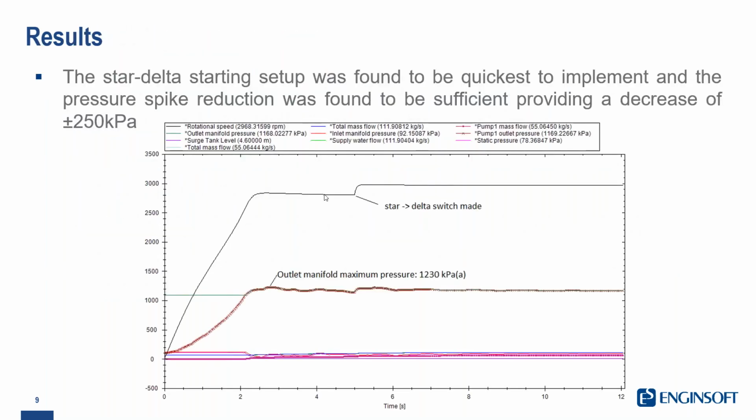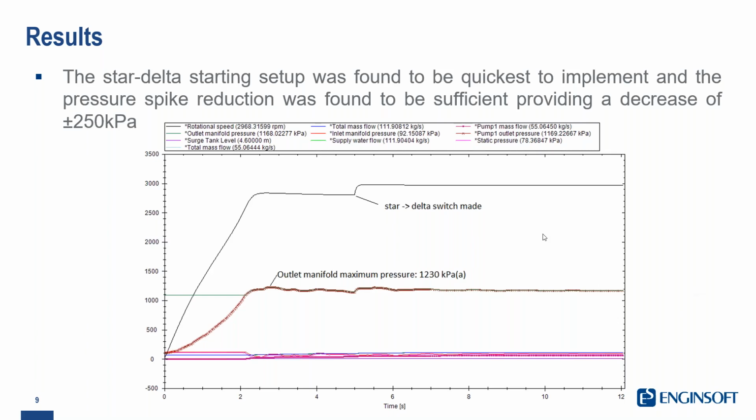These are the results using these countermeasures, and in this case you can see that the startup is slower, in 2 seconds. And here you also have the example of the star delta switching mode for the pump, and here you can see that the peaks of the pressure are reduced, and also you no longer have any cavitation.